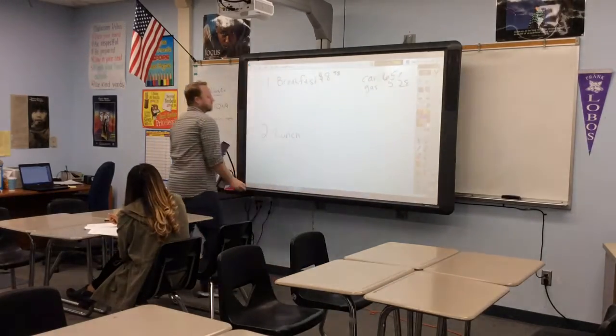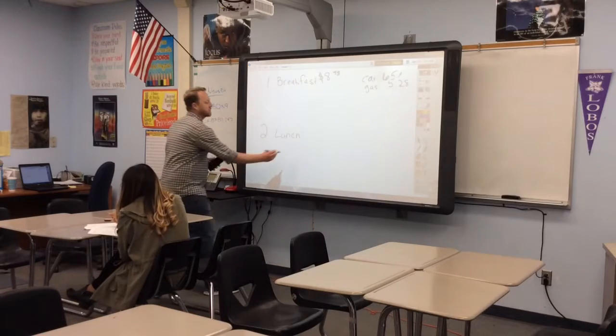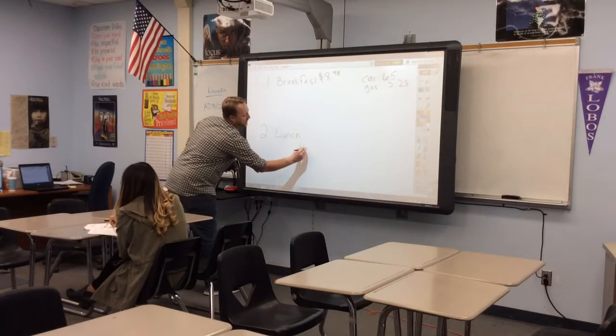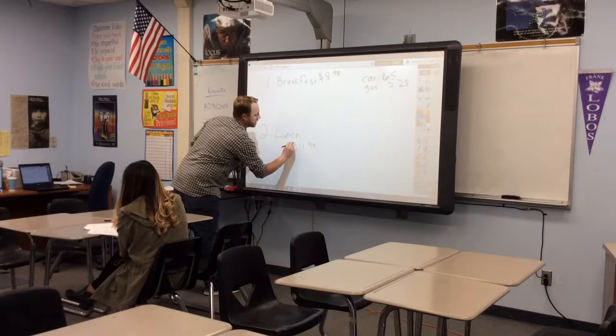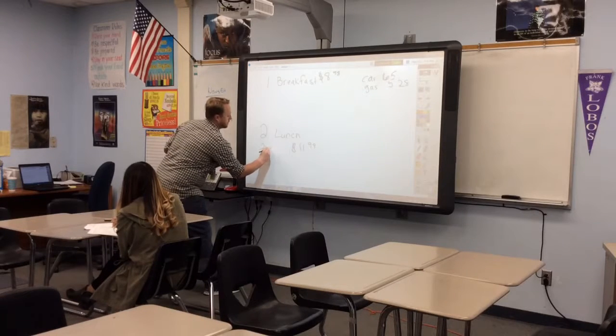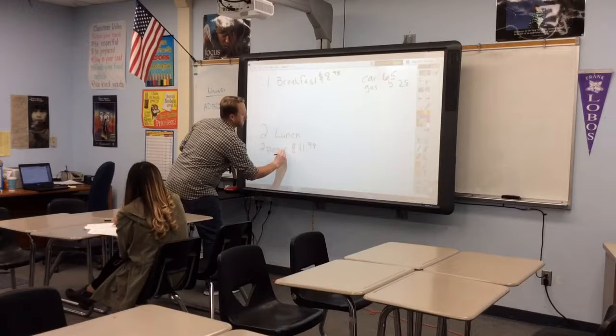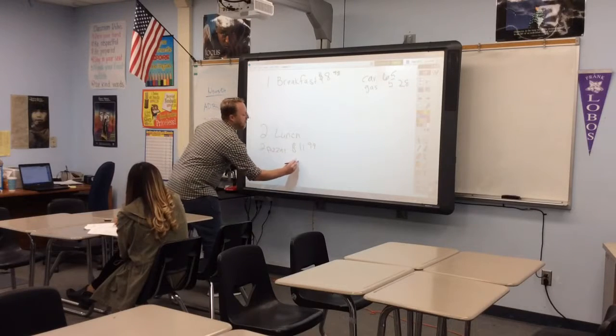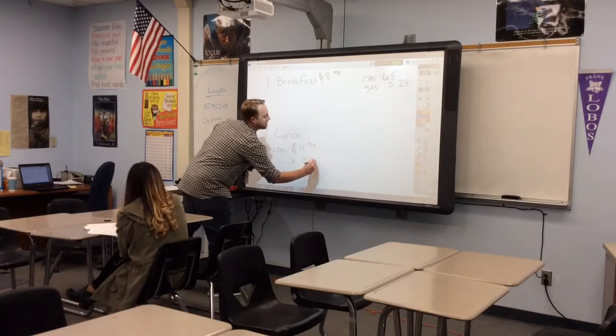So lunch, we're going to go to Pizza Hut, and we're going to get 2 pizzas. So 2 pizzas is $11.99. And we have to multiply that by 0.0725.